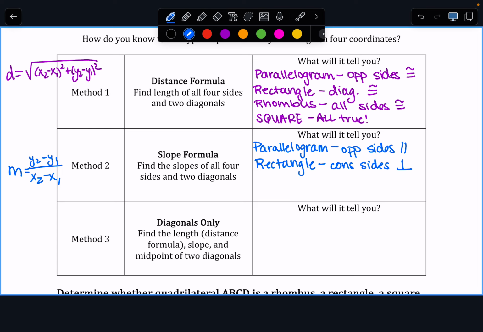Okay, in terms of slope, what would we be looking at with a rhombus? We know that the sides are congruent, but slope's not going to help us with the sides. Yes, in a rhombus, our diagonals are perpendicular. And then, of course, if it's a square, all of those things are going to be true.